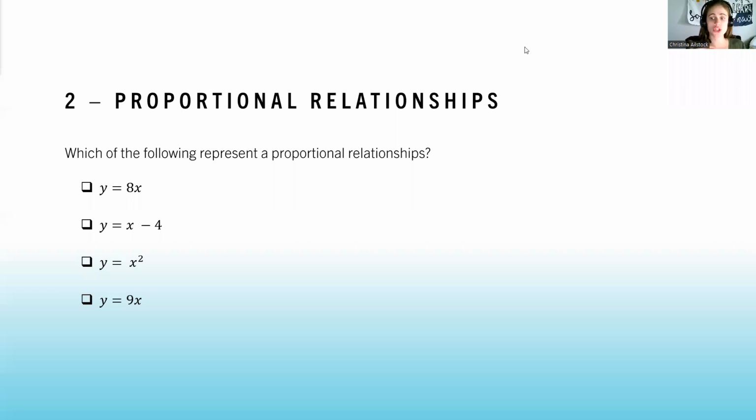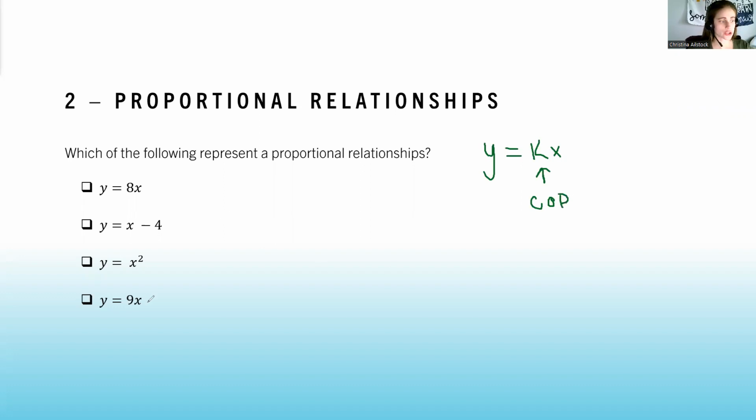Now, when we move into proportional relationships, they still have that proportional equality there, but we have several choices here, and we want to know which of these equations would represent a proportional relationship. Remember, in order for something to be a proportional equation, it must be in this format, where k is our constant of proportionality.